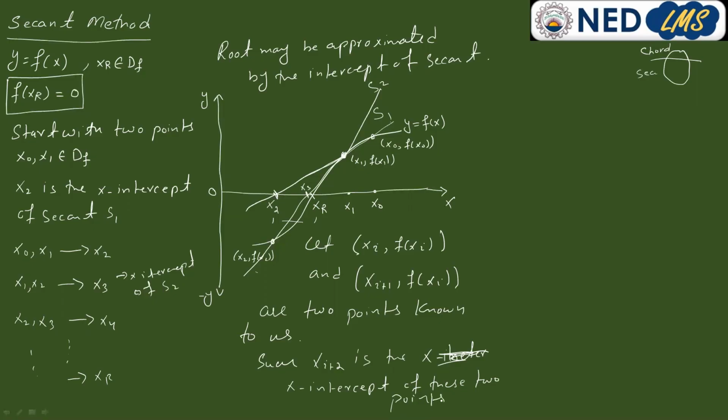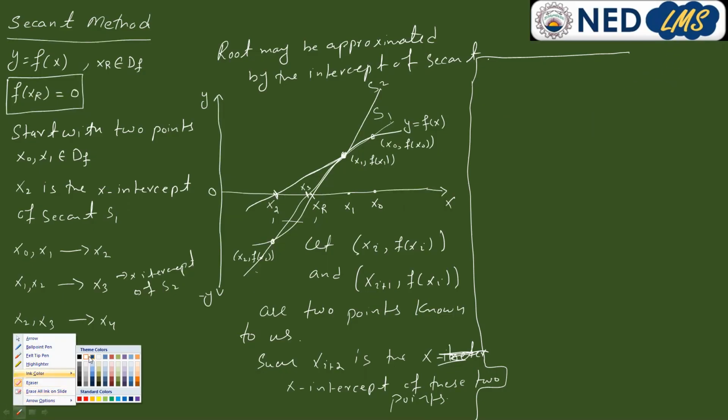So how do we get this point? Because the secant method is relying on the strategy that that point could be regarded as a root of the equation. Let me make some space here, and then we will continue our topic.